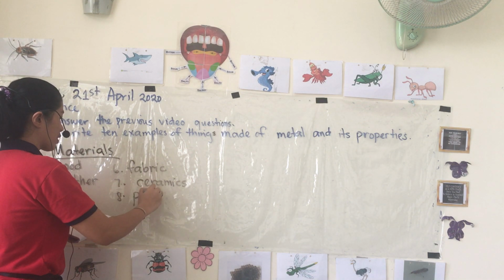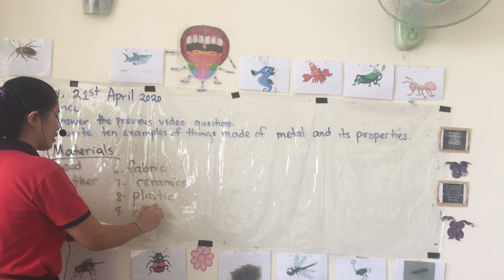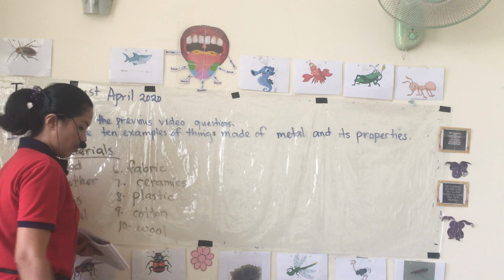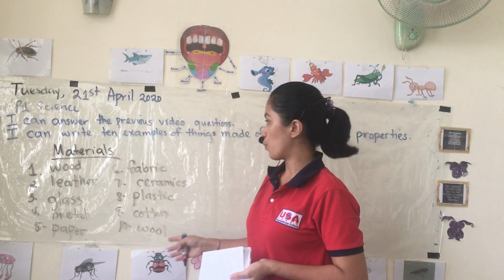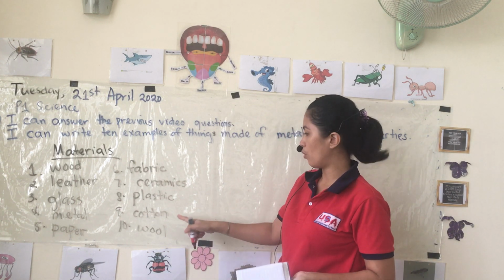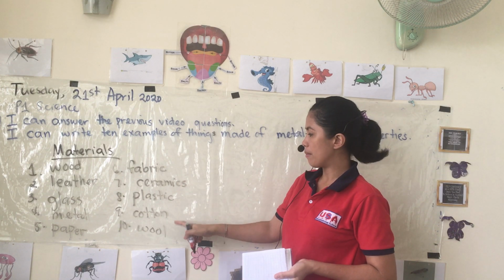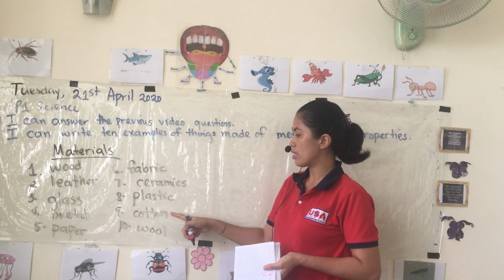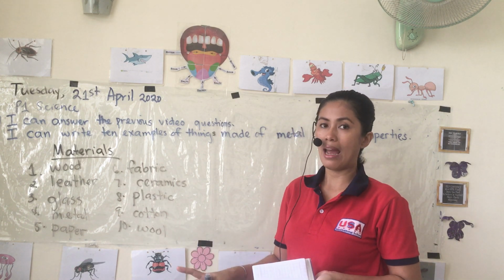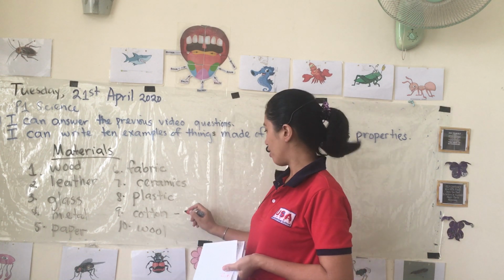And also at the very end, you will see cotton and wool, right? So again, these are the materials that we see in the video. Cotton and wool are under fabric. Sometimes these are natural ones, and there are also synthetic or artificial ones. So we have polyester and nylon.